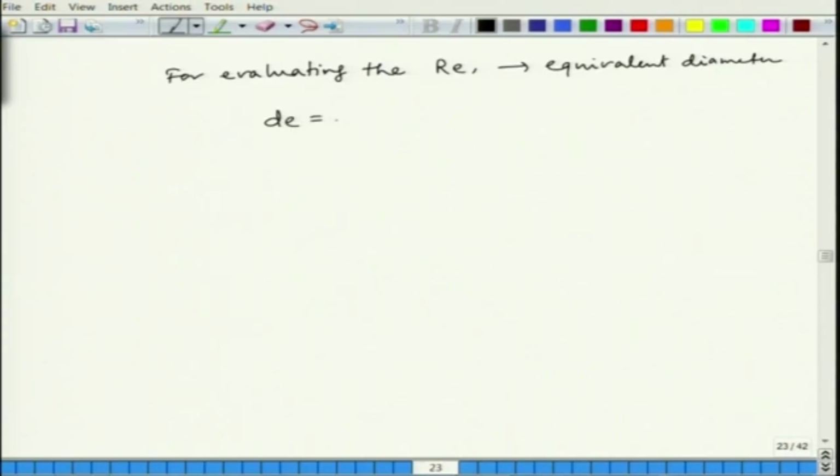So, DE is 4 times the cross sectional area divided by the weighted perimeter, right.